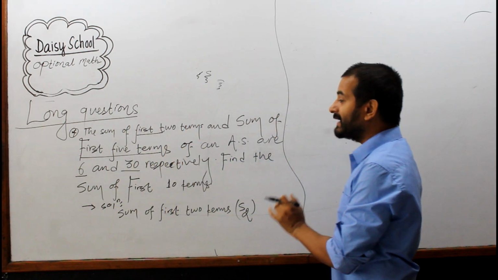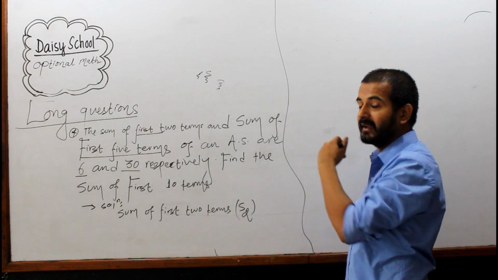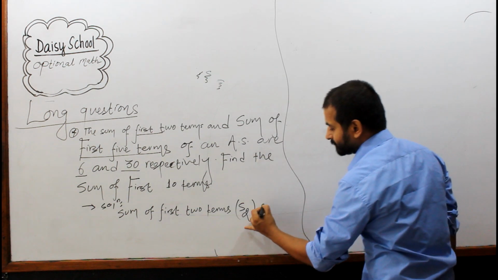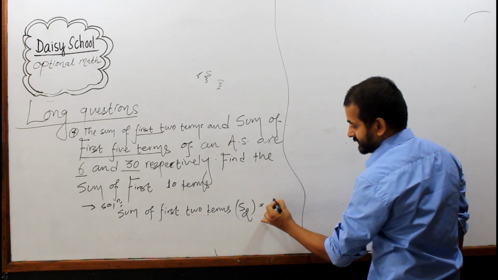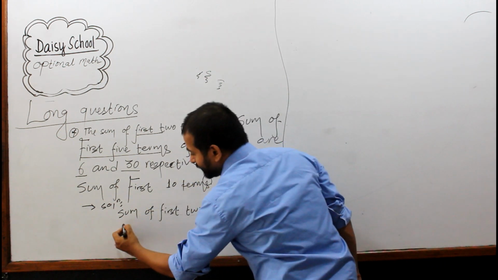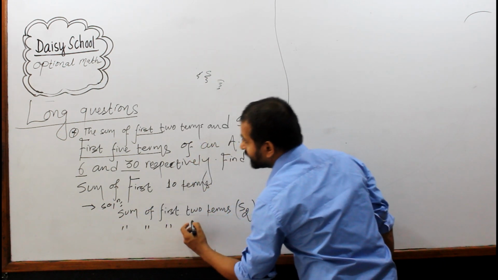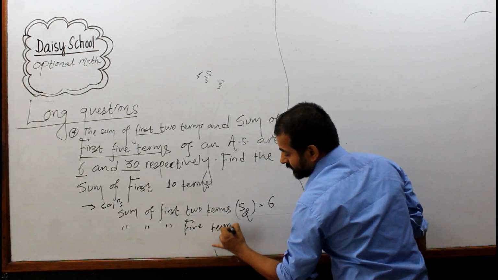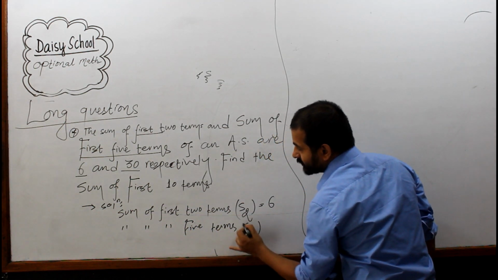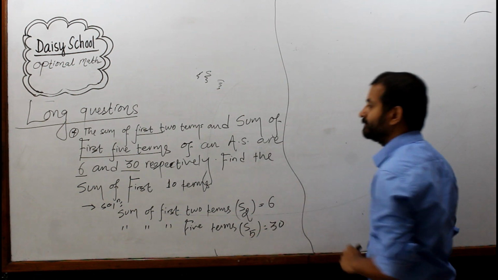Remember, in that case we can use S2 and S5. Look here. S2 is 6, and the other given is the sum of the first 5 terms. We can write S5 equals 30.